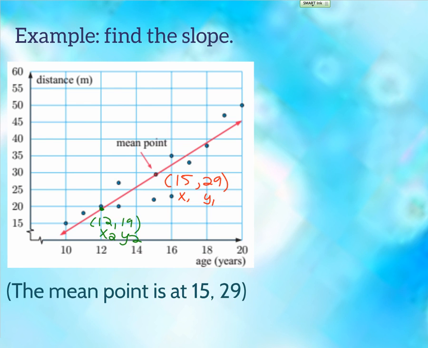So we can then find that slope by using the slope formula. The slope formula is y2 minus y1, so 19 minus 29, and then x2 minus x1, so that's 12 minus 15.